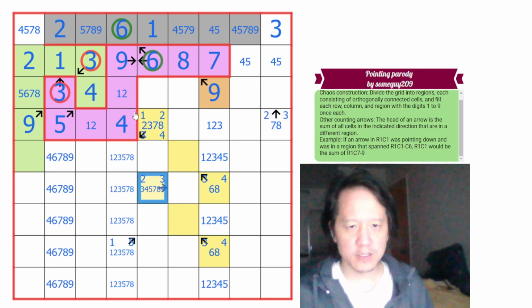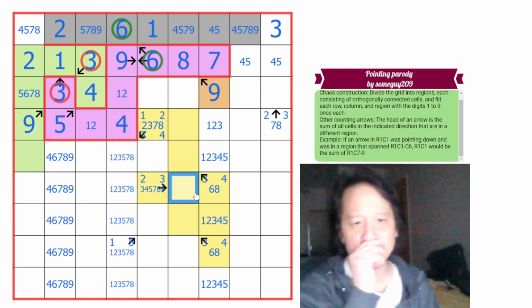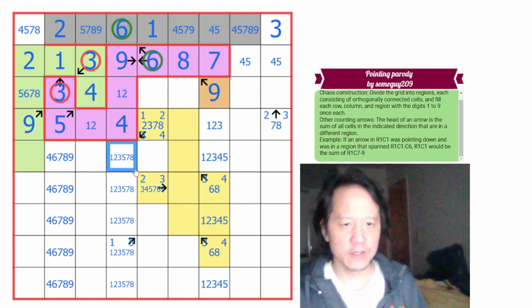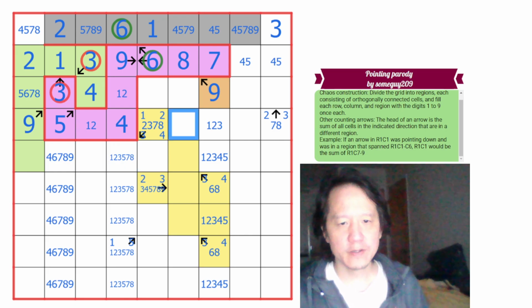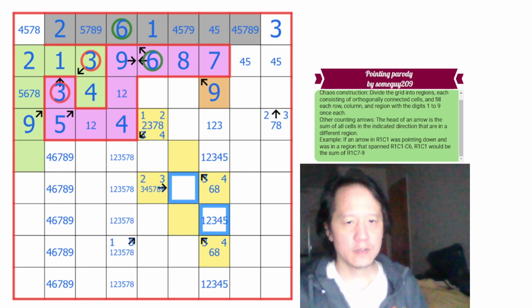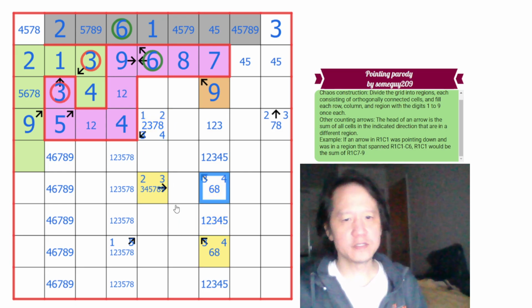Right? So something like this. 1, 2, 3, 4, 5, 6. Then you have 7, 8, 9. That is possible. And then this would be 1, right? Okay, never mind. So that is still possible.